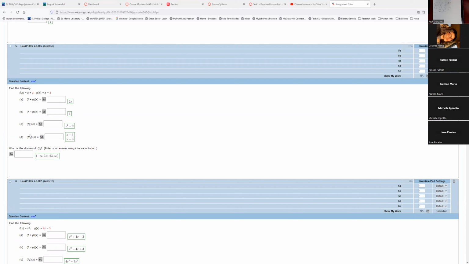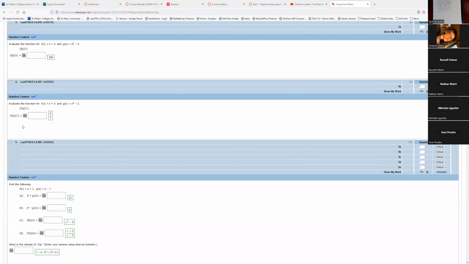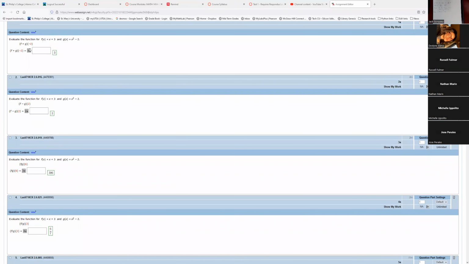You just find them real quick, and then they ask you to find the domain of the last one. So they're gonna have you write it as an interval. The first few is just literally doing find f plus g, then plug in the number. Or you could plug it in all at once if you want, but I'd say just do it separately like we did. Same thing for the difference and the times.